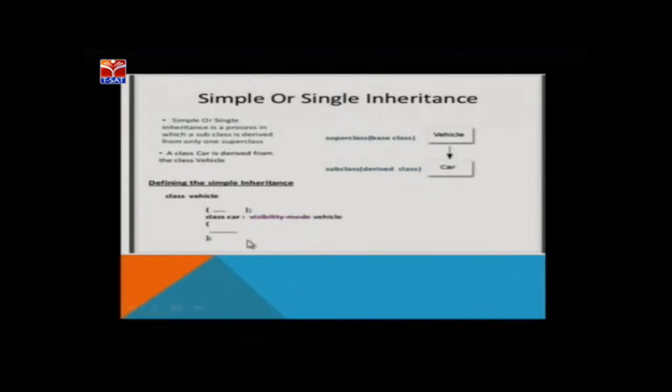The syntax for defining the derived class is class, derived class name, car, colon, then the visibility mode. Here the visibility mode is nothing but the access specifier, that means private, public or protected. And next we have to write the base class name, that is vehicle.